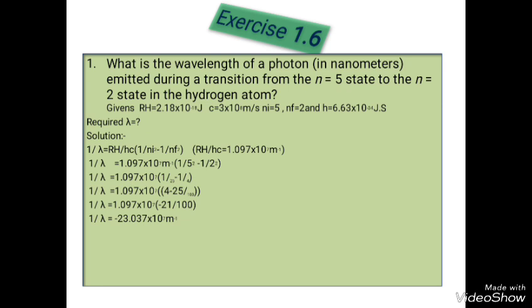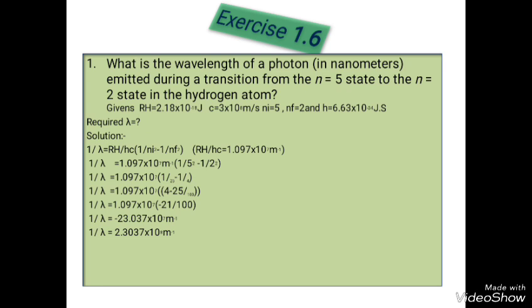In this case, the value becomes negative, but since we are finding the wavelength, or simply length, and wavelength can't be negative, we remove the negative sign, and it becomes 1 over lambda equals 2.3037 times 10 to the power of 8 meter inverse when written scientifically.